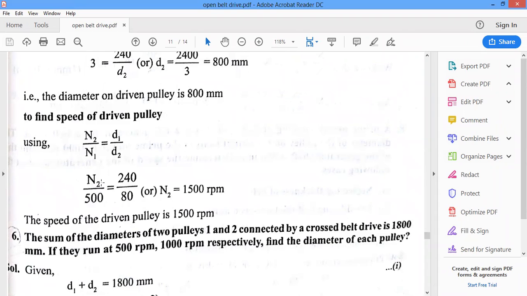N2 we don't know, N1 is given as 500 RPM, D1 is 2400 mm, and D2 is going to be 800 mm. So now when we do this, we will get 1500 RPM for the driven pulley. This is how we can find out the other one.